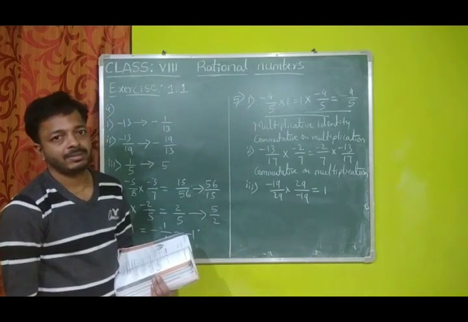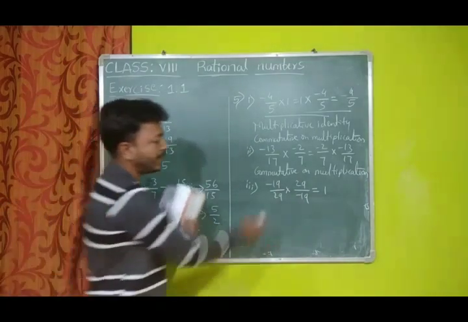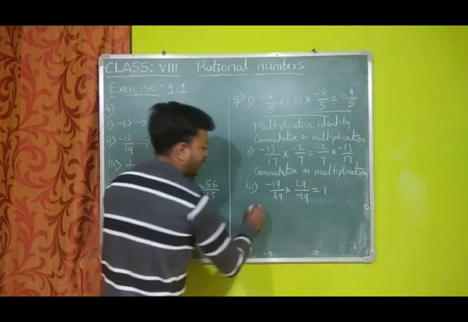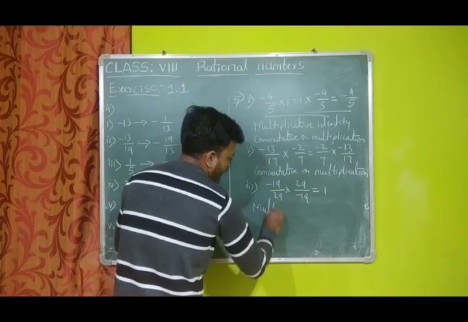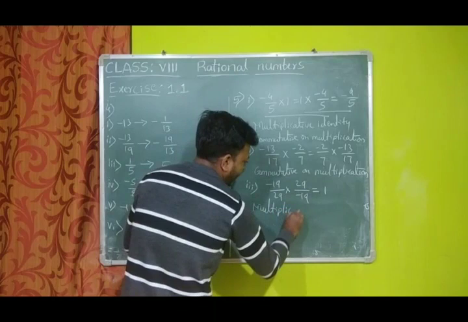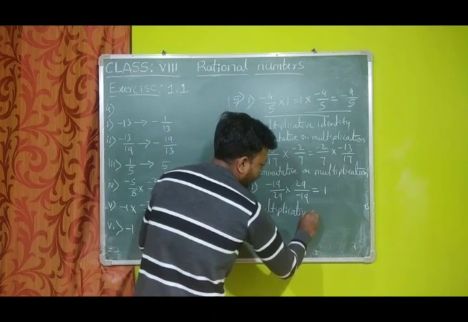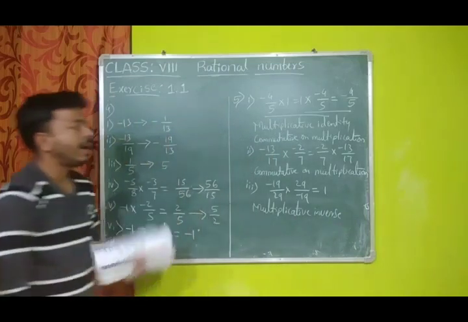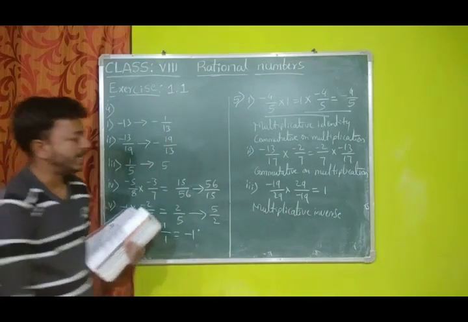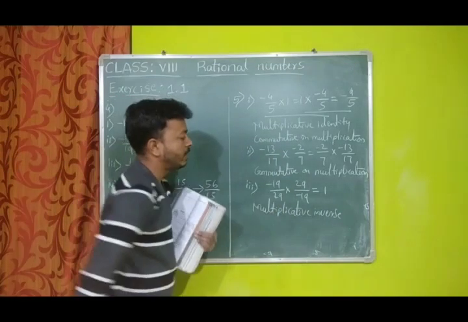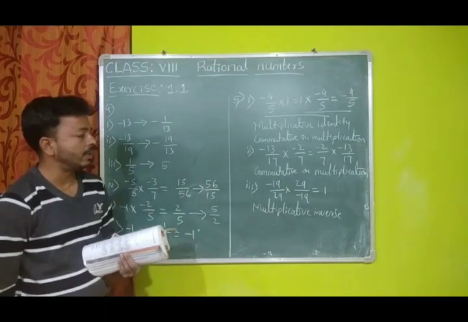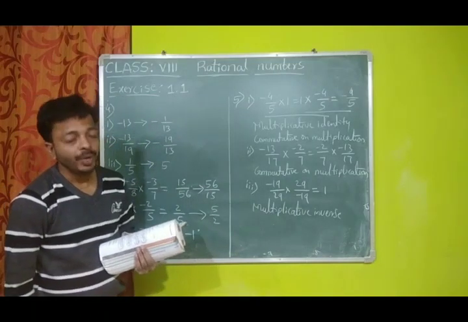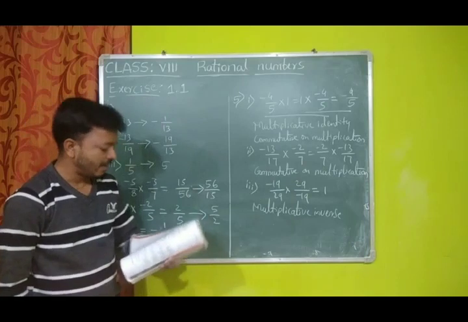So which property? Multiplicative inverse. Minus 19 by 29 multiplied by 29 by minus 19 equal to 1. That is the multiplicative inverse. This is the fifth question.